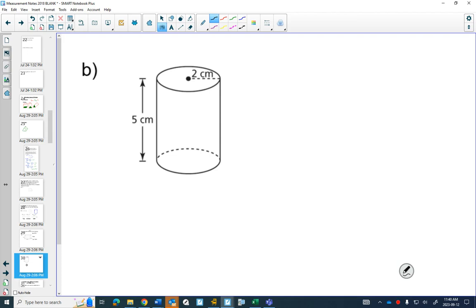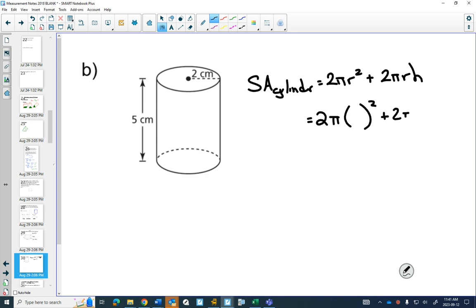For the cylinder one, since there is a nice surface area of cylinder formula on your formula sheet, I would write out the formula first, and then put brackets for the R, which is the radius, put brackets for the H, and fill in the numbers based on the diagram.